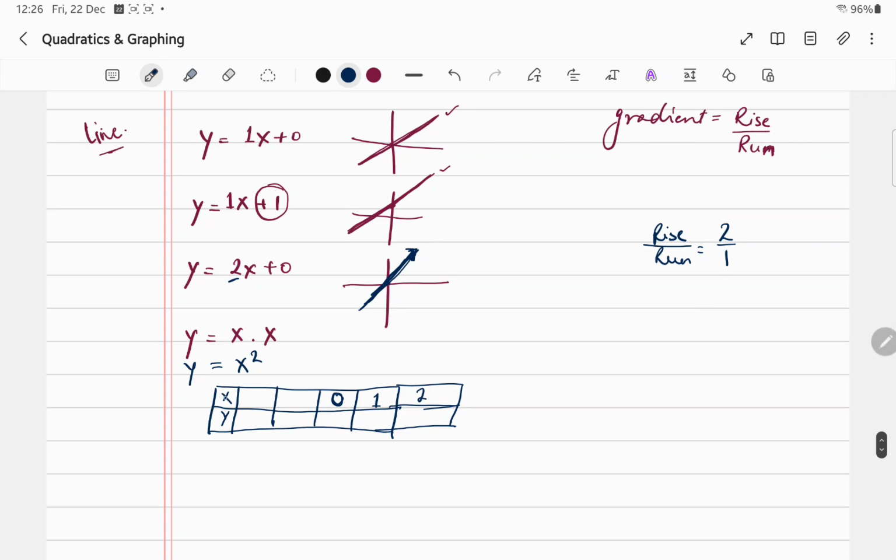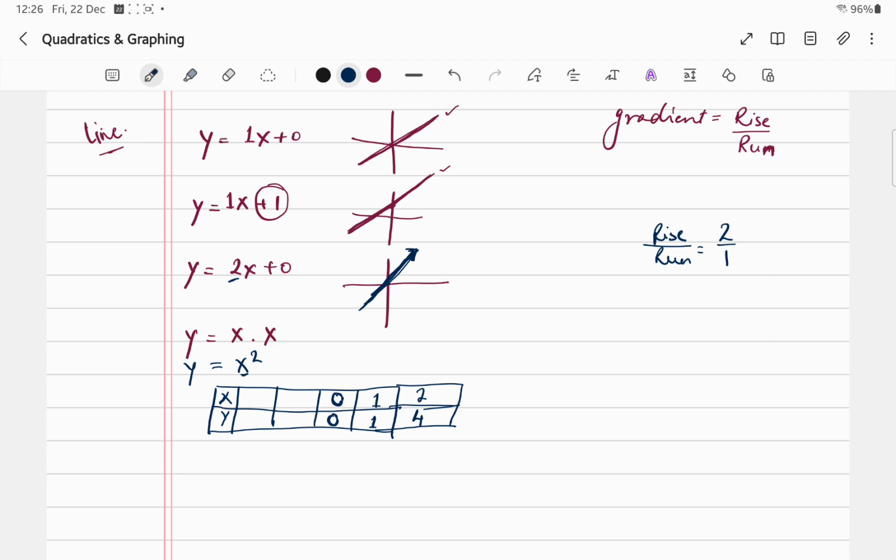Now here, when x is squared, when x is 0, your y value is going to be 0 as well. When x is 1, 1 squared is 1. When x is 2, 2 squared is 4, and so on. So when x is 3, it's 9, and 4 gives 16.